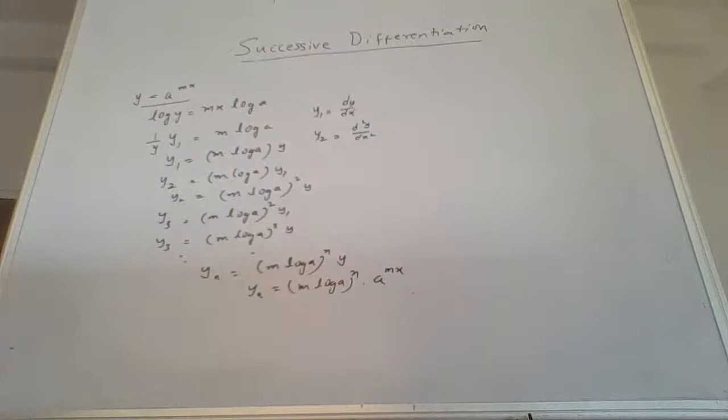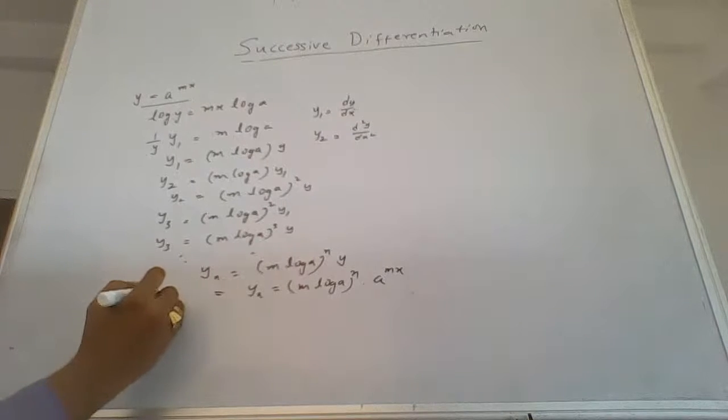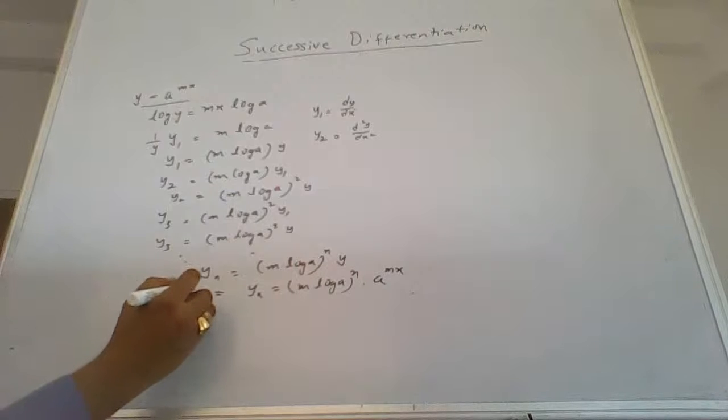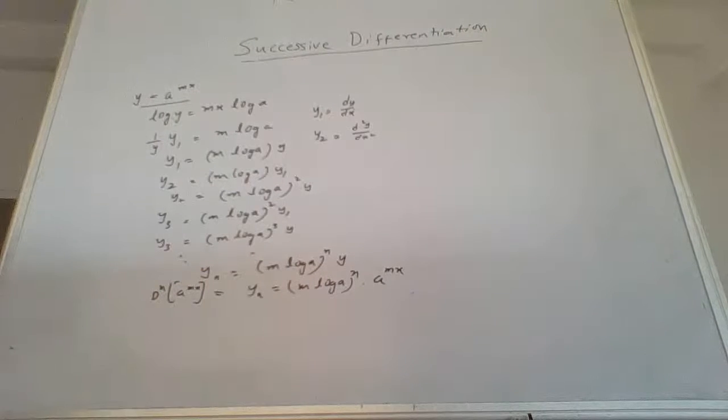So this is the nth derivative, or we can write this as d power n of a power mx. This will be the nth derivative. So I hope you understood this.